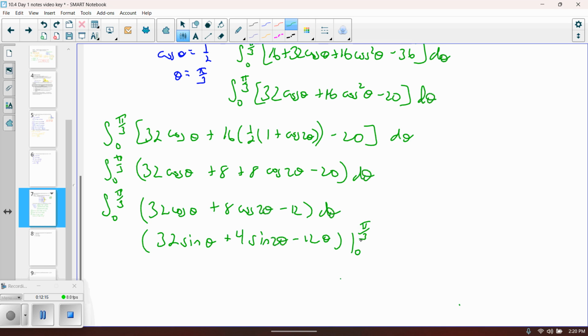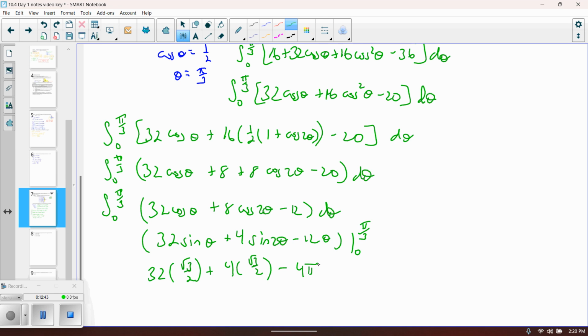All right, let's see what we get. Plugging in pi thirds, we're going to get 32 times the sine of pi thirds, which is root 3 over 2, plus 4 times the sine of 2 pi thirds, which is also root 3 over 2, minus 12 times pi thirds, which is 12 pi over 3, or 4 pi.